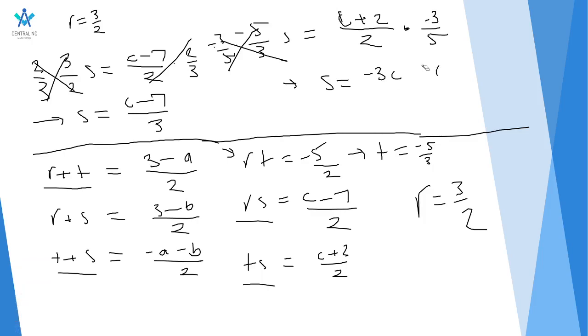So yeah, negative 3c minus 6 over 10. So now we have s in terms of two different expressions that involve c.